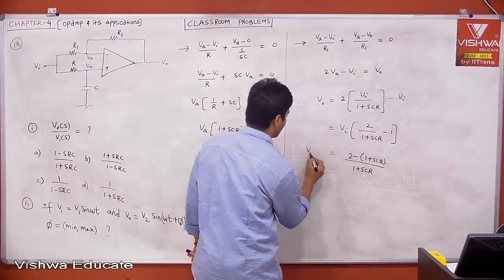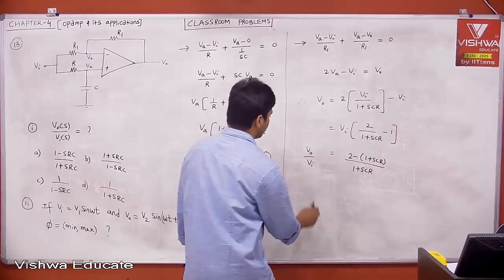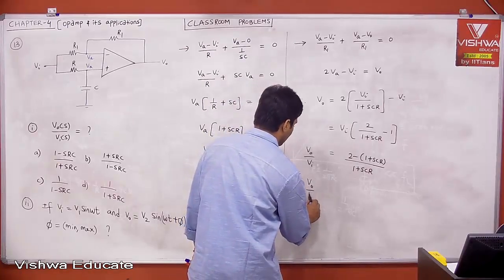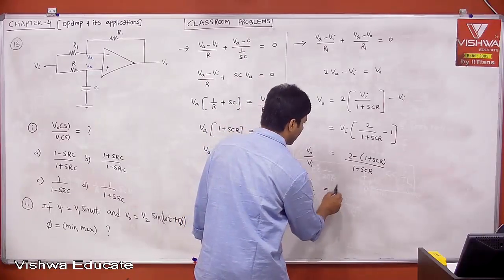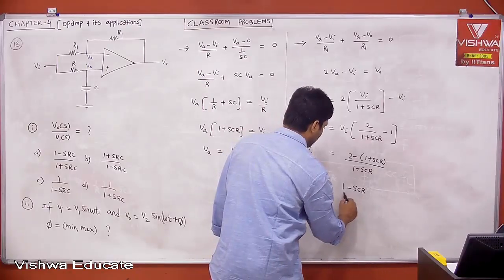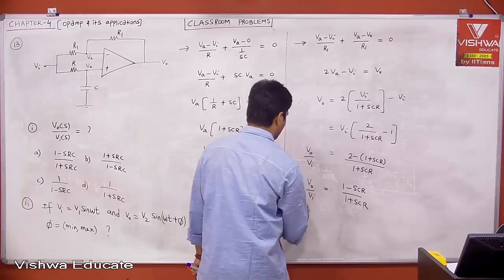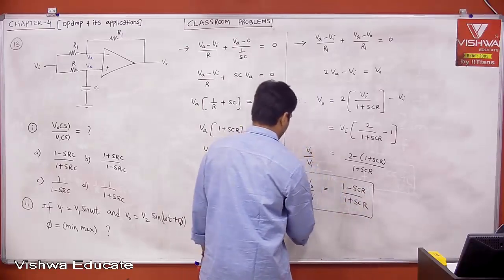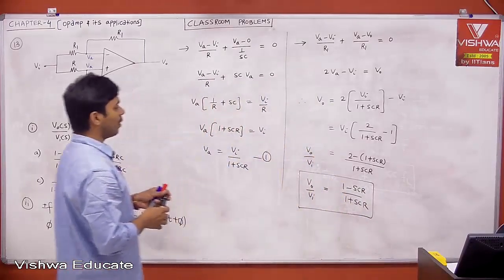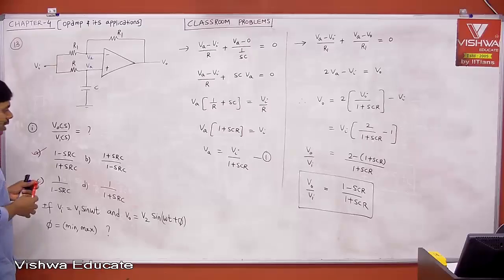Taking VI to this side, V0 by VI in S domain is equal to (1 minus SCR) divided by (1 plus SCR). This is the answer. Option A.